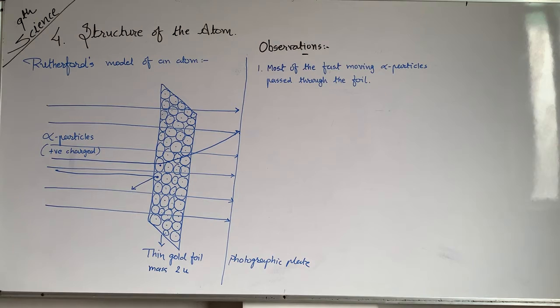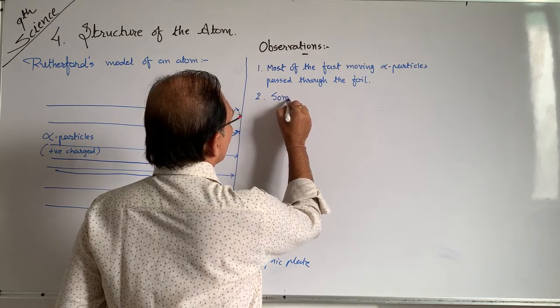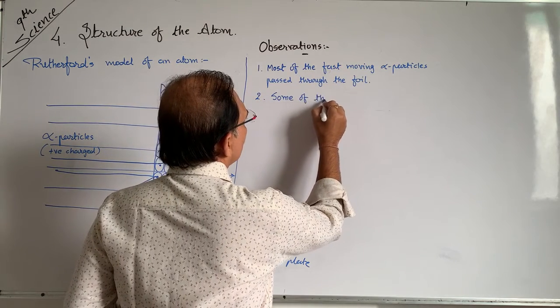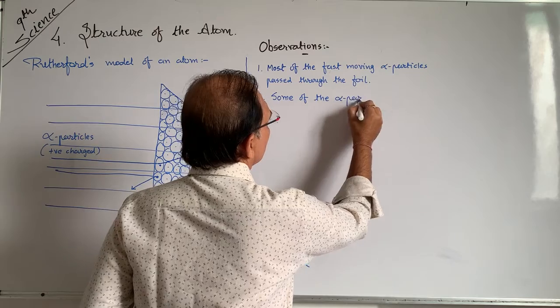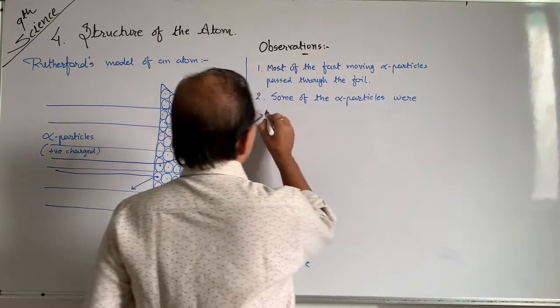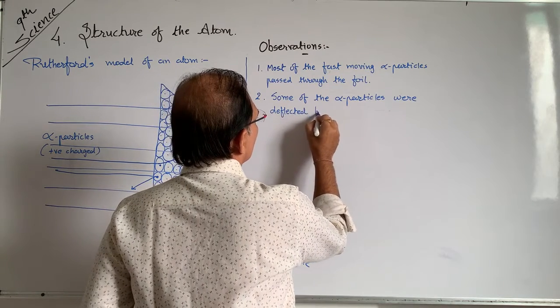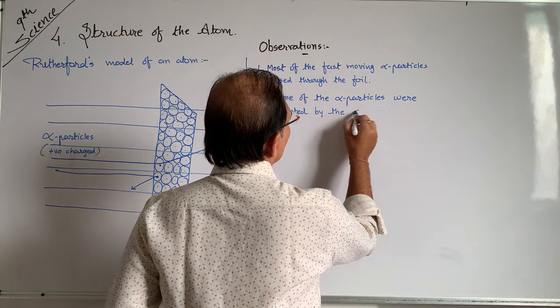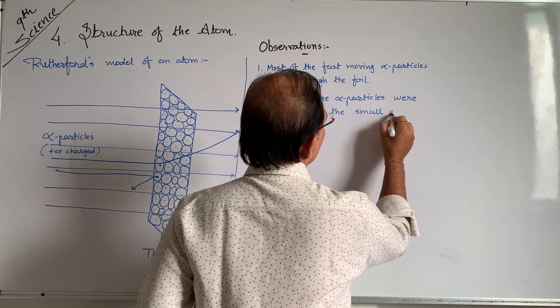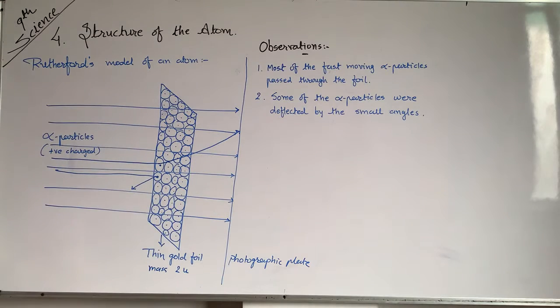Some of the alpha particles were deflected by small angles. Very small angle, less deflection is there, right?